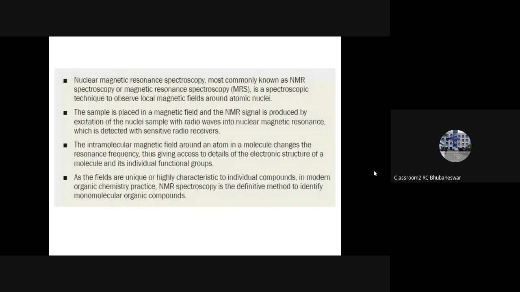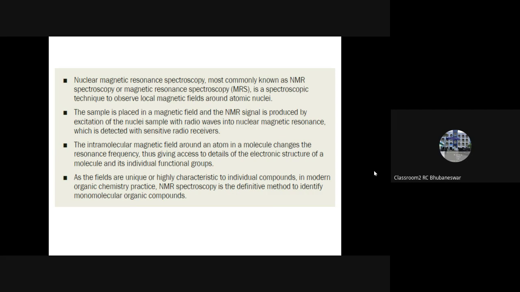In many spectroscopies we kept the monochromator before the sample, and in some after the sample compartment. I have also discussed why. Here, you are going to interact the matter with radio wave radiation.